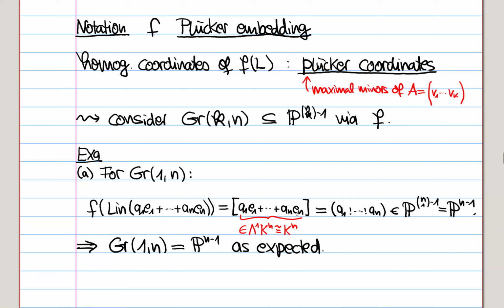And then if you choose the same basis as before, then the entries in this k to the n are exactly this column vector or this row vector a1 up to an. So we get back from this vector exactly the element in this projective space that we expect. So this shows that in this case for k equals 1, this map is actually a bijection between this Grassmannian and the projective space, as desired.